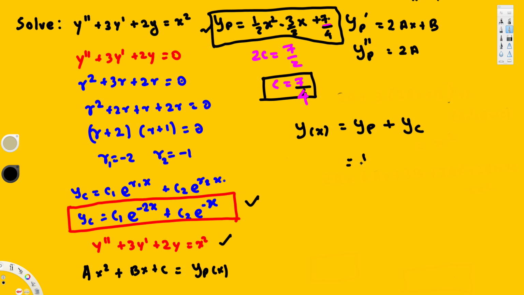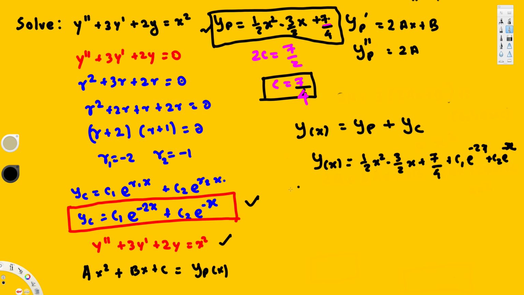The particular solution is half x squared minus 3 by 2 x plus 7 over 4. And the general solution of the homogeneous is c1 e to the power minus 2x plus c2 e to the power minus x. There's no way we can simplify this, so we can keep it as it is.